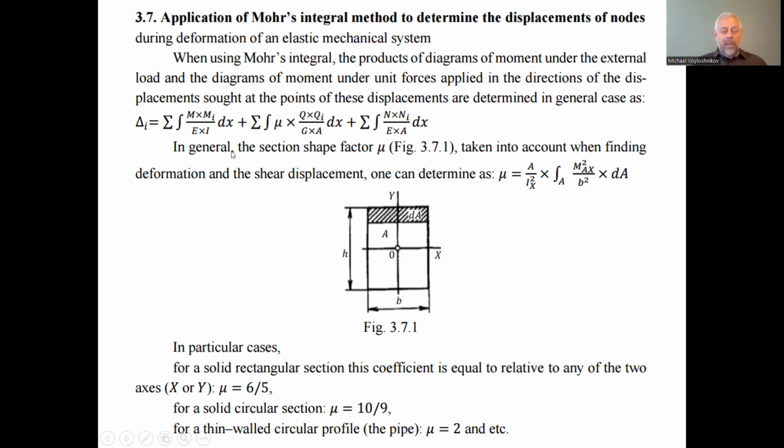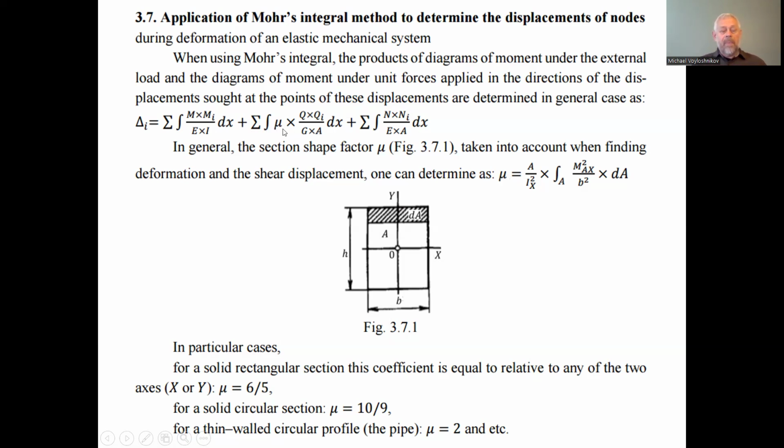The second summand is a total of integrals, and the integrands contain a definite factor, mu. Mu is a Greek letter.